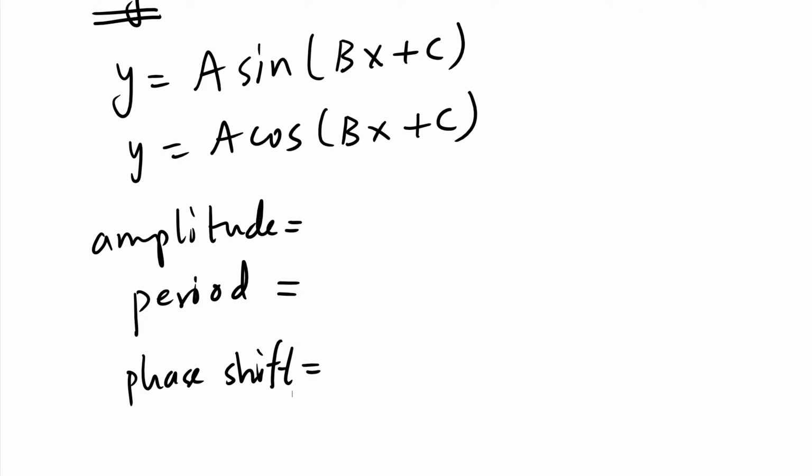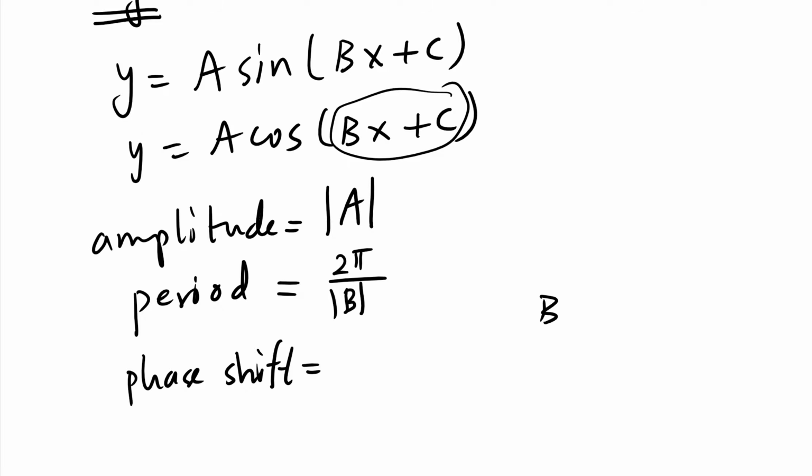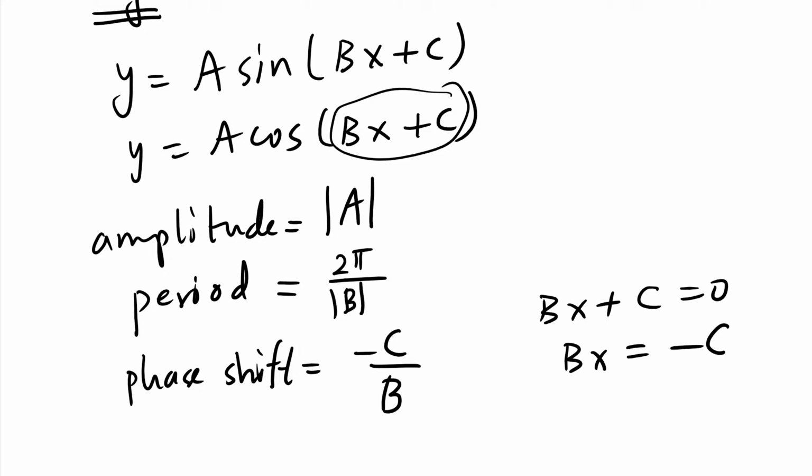So the amplitude is always the absolute value of A, the period is 2 pi over the absolute value of B, and the phase shift is basically you solve this equal to 0. Solve for x. So x equals negative c over b. That's the phase shift.